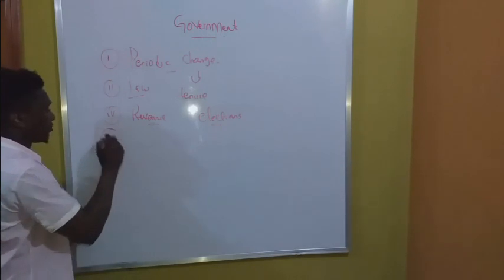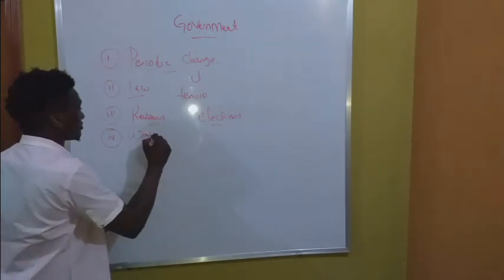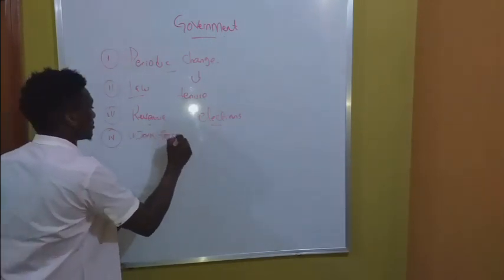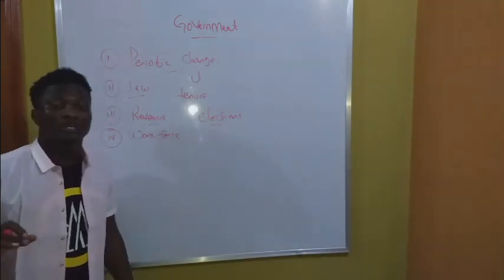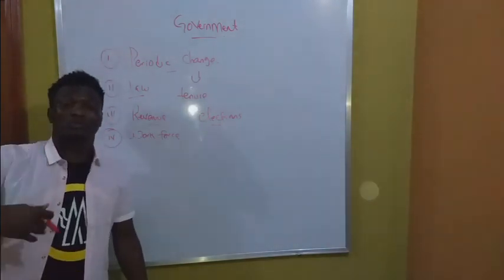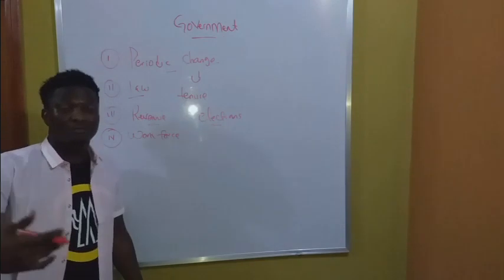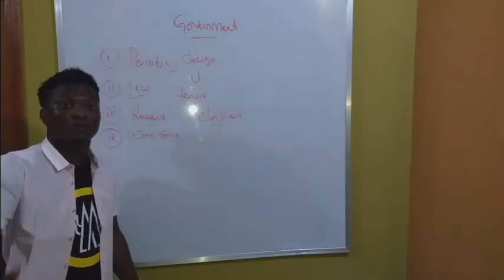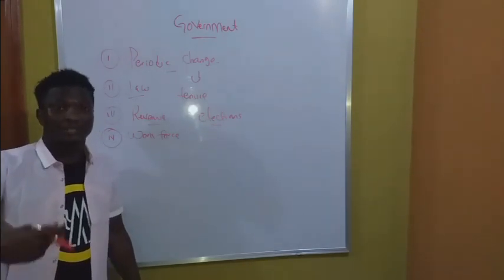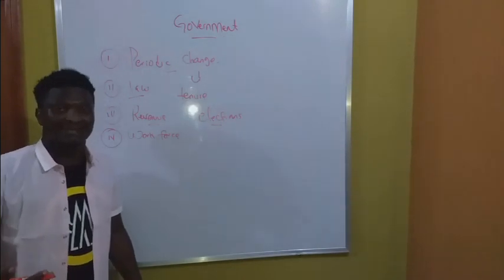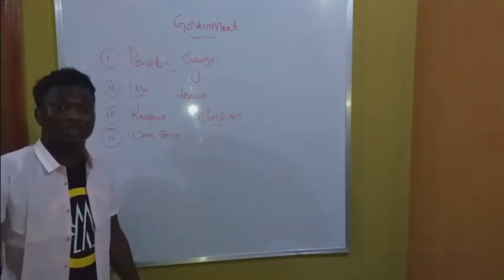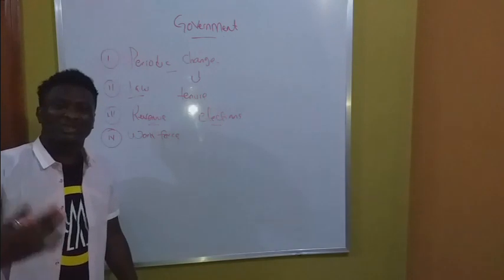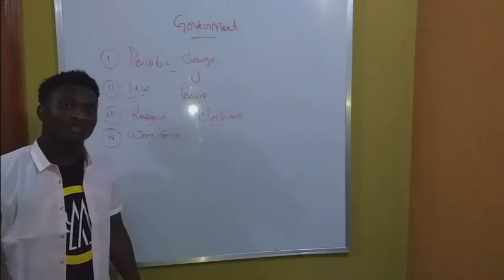Number 4, workforce. This is very important. Government is an institution that consists of people. The people are the workforce of a government. They are the ones that implement, they see to the realization, to the functionality of government.